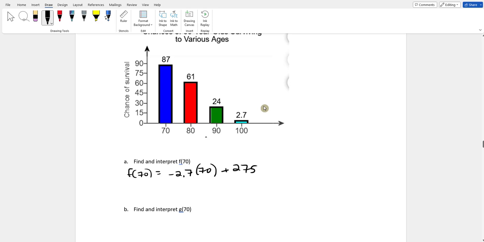This one asks us for f of x. So when I calculate this, I get 86. So the chance of a 60-year-old surviving to age 70 is 86%.